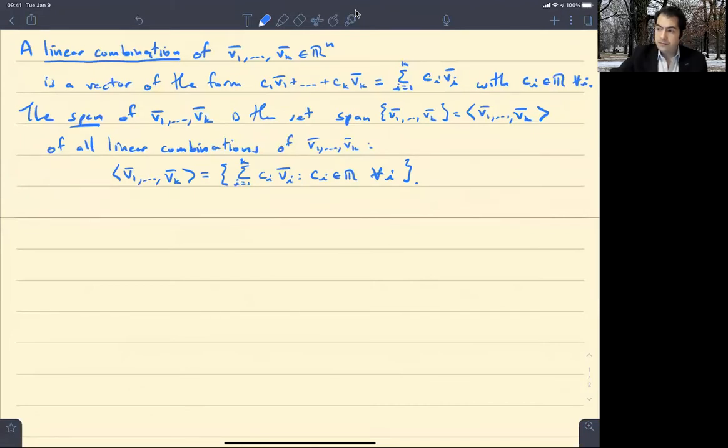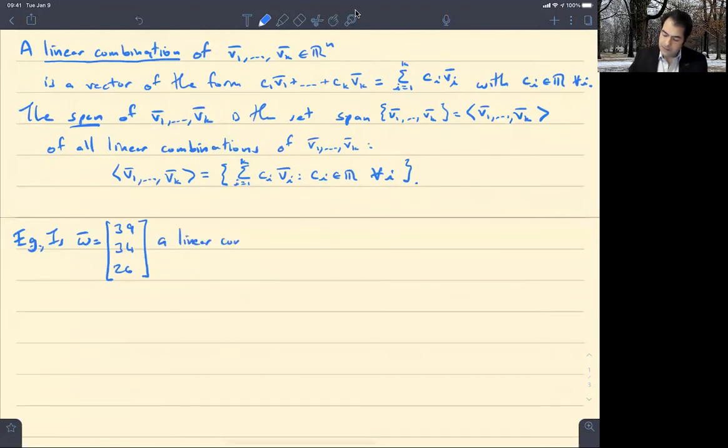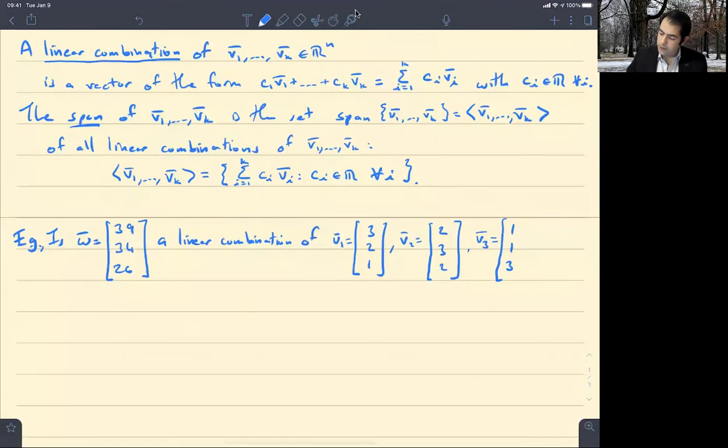Let's do an example. Let's phrase it as a question. So, for example, is the vector w with coordinates 39, 34, 26, a linear combination of the vectors v1, coordinates 3, 2, 1, v2 with coordinates 2, 3, 2, v3 with coordinates 1, 1, 3.